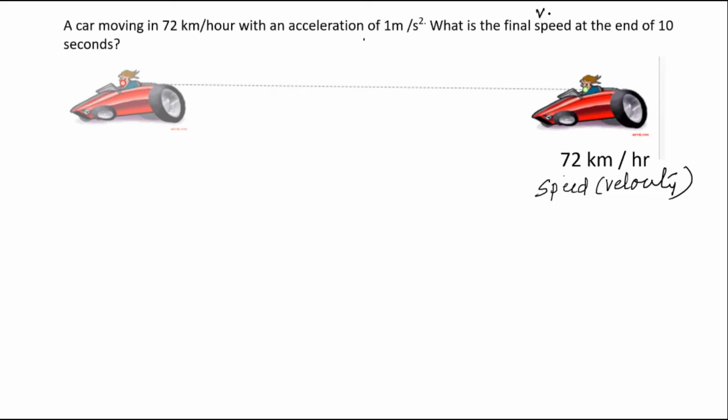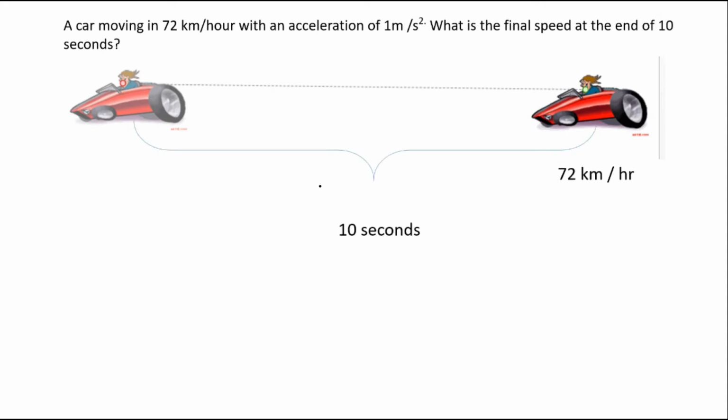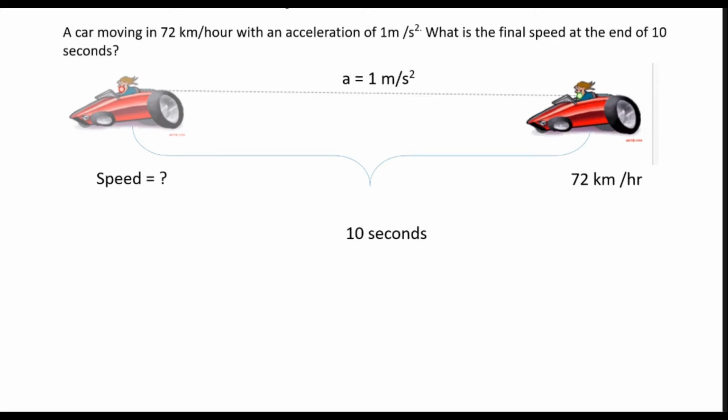That is the final velocity at the end of 10 seconds. So what is the time between this position and the first position? That is 10 seconds, right? And the acceleration of this car is 1 meter per second square. Well, these are the informations which are given in this situation.